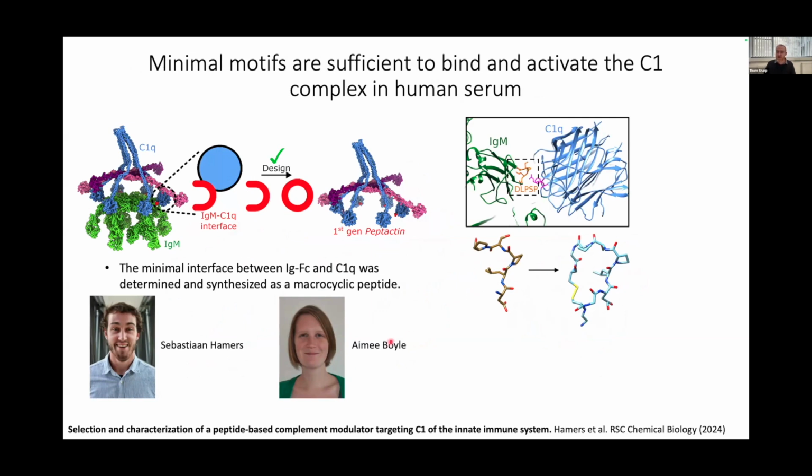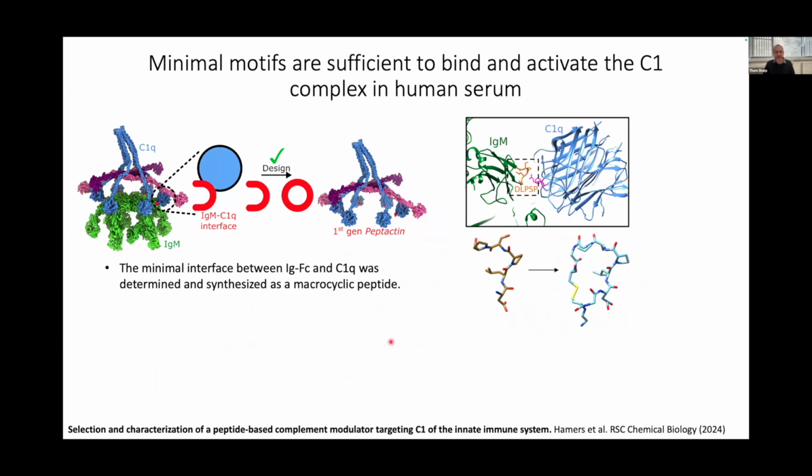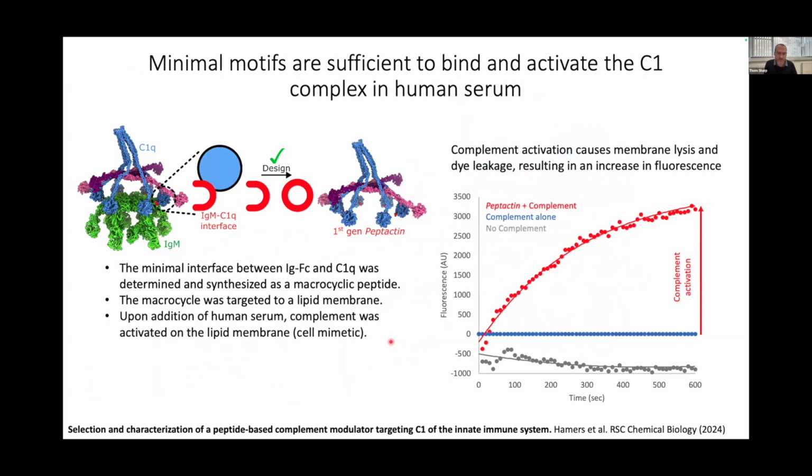So we could take this peptide, and when we conjugated it to a lipid and added human serum, we found that the peptidic interfaces on their own were sufficient to activate complement. These peptides are 1 kilodalton in mass compared to the 950 kilodaltons of the IgM complex. So what we've been able to do is distill the complement-activating ability of an antibody into something 0.1% the mass of an antibody.